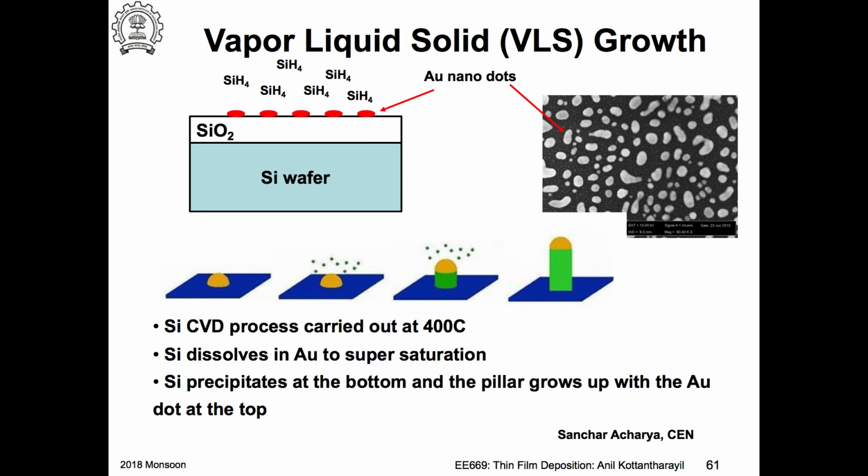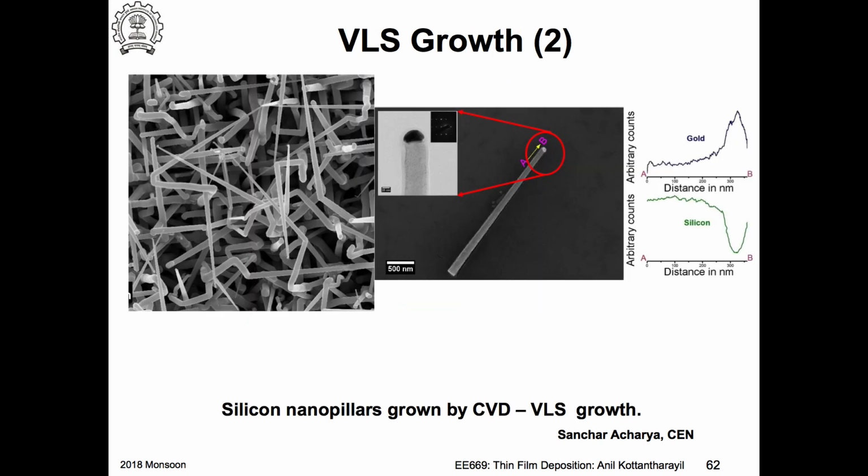So depending on the process conditions, you can actually grow this. So this is low temperature, okay. So you can see this is a beautiful SEM image of these nanowires that have grown by this technique.